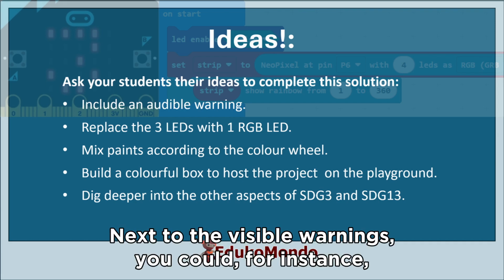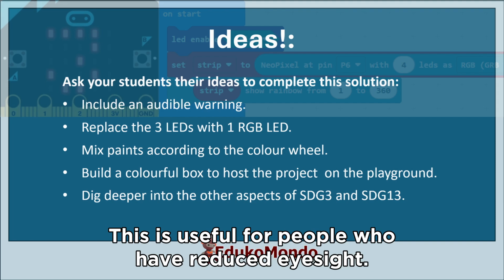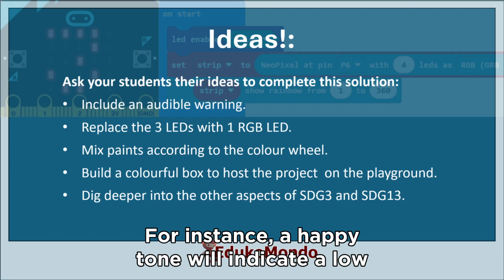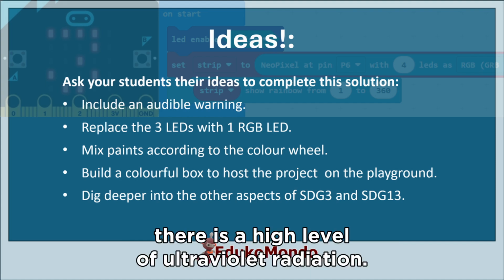Next to the visible warnings, you could, for instance, include an audible warning. This is useful for people who have reduced eyesight. For instance, a happy tone will indicate a low ultraviolet level, while a high-pitched alarm will sound if there is a high level of ultraviolet radiation.